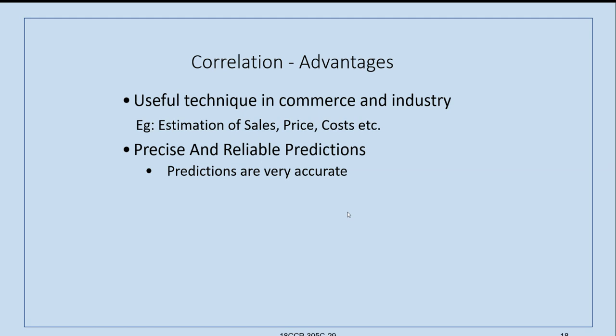And precise and reliable prediction. Precise means very direct, very correctly we can predict. So predictions are very accurate. And reliable also. Reliable means we can use them, we can rely on them, we can depend on them.